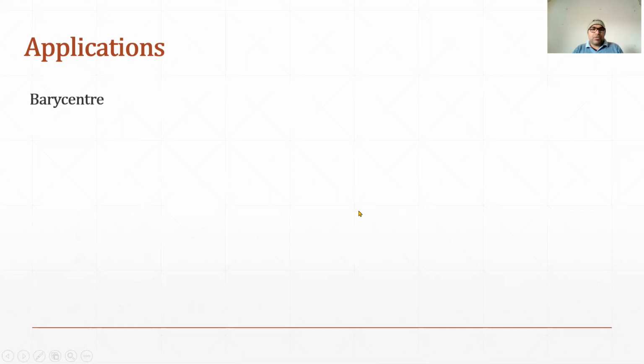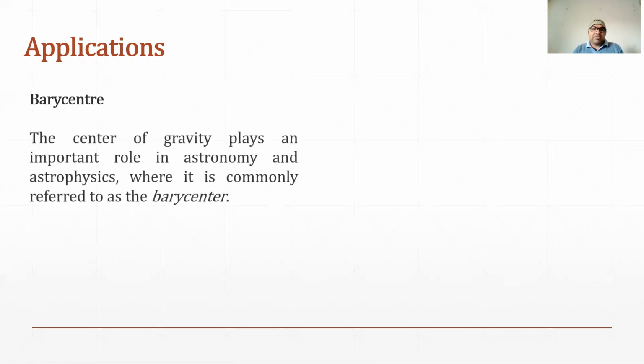If we talk about the first application, astronomical science, determining CG is a very important thing. In astronomy, the CG is known as the barycenter. Determining the position of the barycenter is again very important.